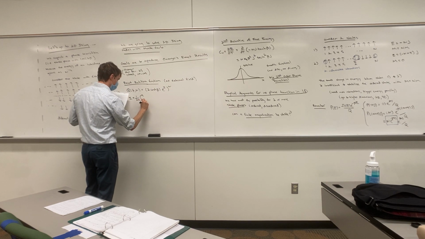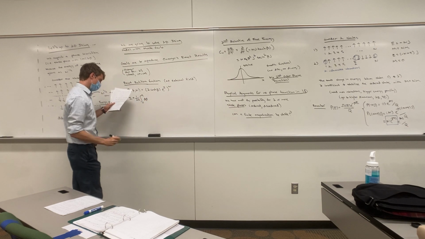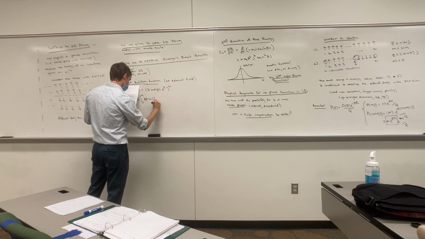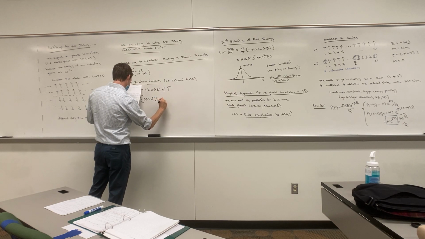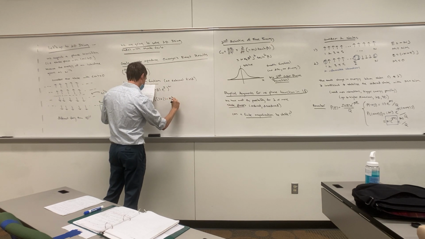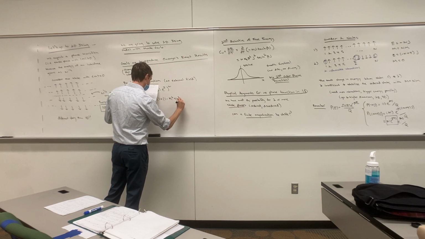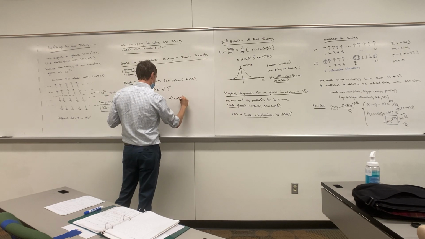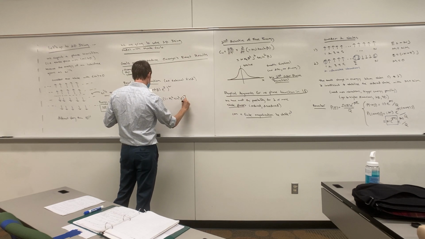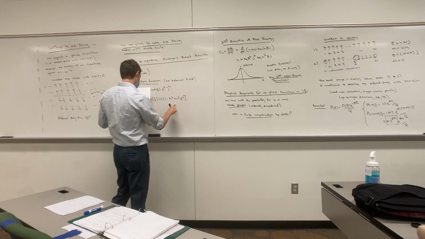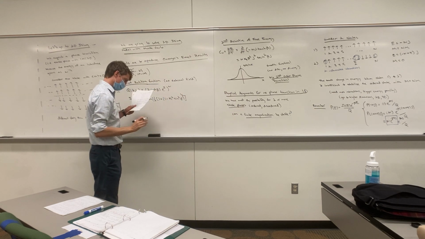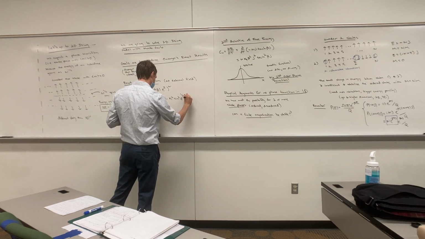Integral 0 to pi, some dummy variable phi, d phi, log 1/2 of 1 plus square root of 1 minus kappa squared sine squared phi. So this equation is in Chandler, so you can check me against Chandler, but this is right.